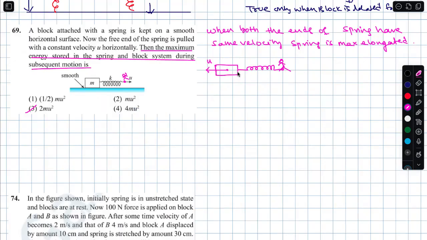And remember, you always see that this will always have some velocity u. As a result, what will happen? The spring keeps elongating. The spring reaches a maximum, and thereafter, at some point of time, you will notice that.